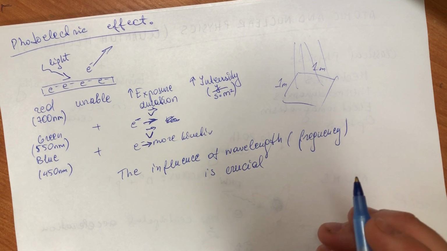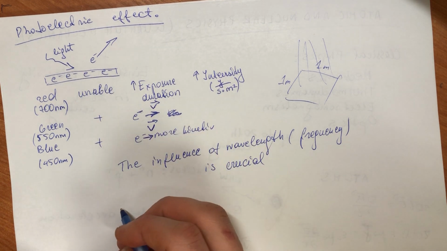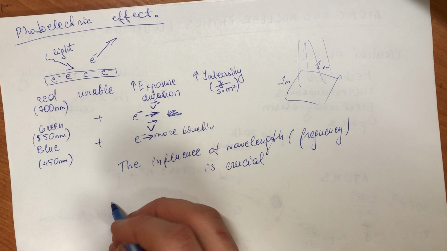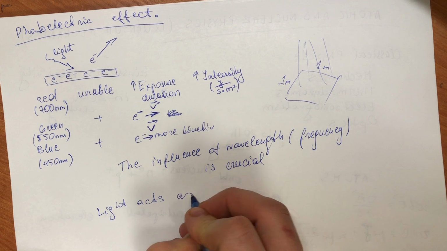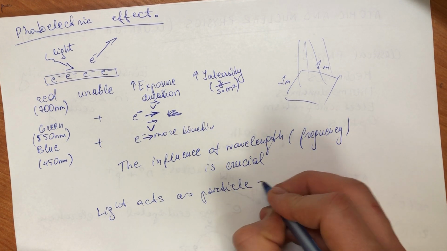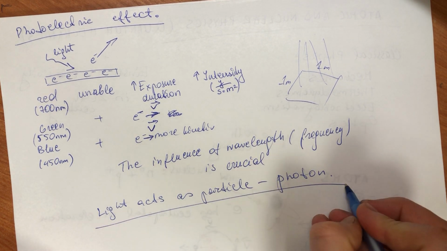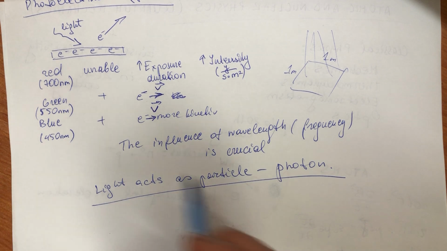He said when light interacts with matter, light acts as a particle, and this particle he called a photon. So light can act as a particle, as a photon, and photons are particles of light.